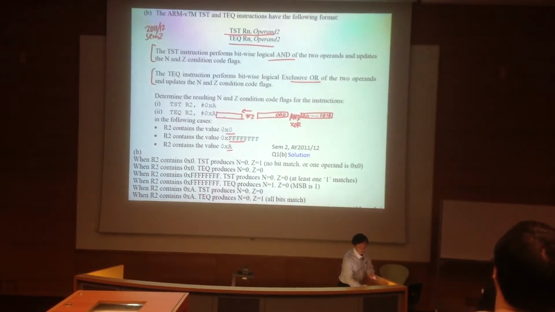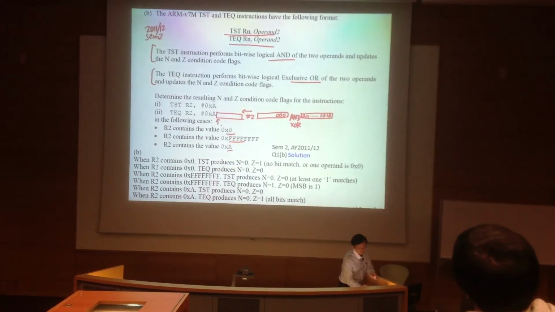If everything is all 0, then of course the Z flag will be set. If the most significant bit is a 1, then the N flag will be set because then it will be a negative number. So in this case, obviously when you AND these two, you're going to end up with all zeros here. And if you're going to be all zeros here, the Z will be set, and this one has no 1 there, this one is 0.